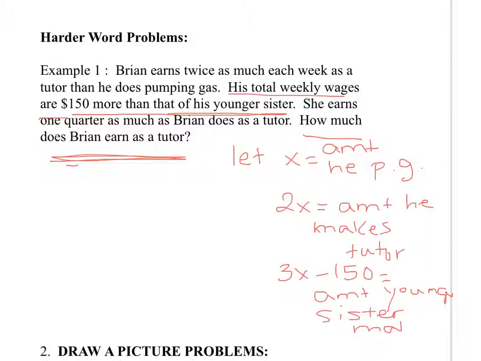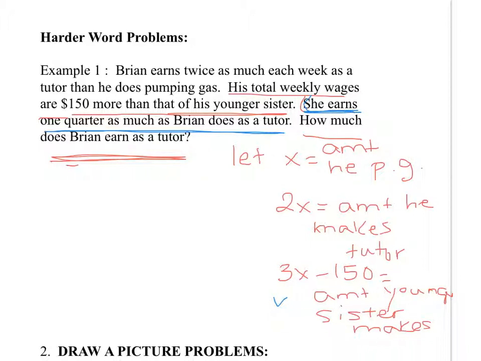Now, why do I need that? Well, because it says in the next part, and let me mark the blue part here, she earns 1/4 as much as he does as a tutor. So I need to have a variable that relates to the sister in terms of Brian, because the variable is based on Brian. All right, so now we're going to read everything literally.